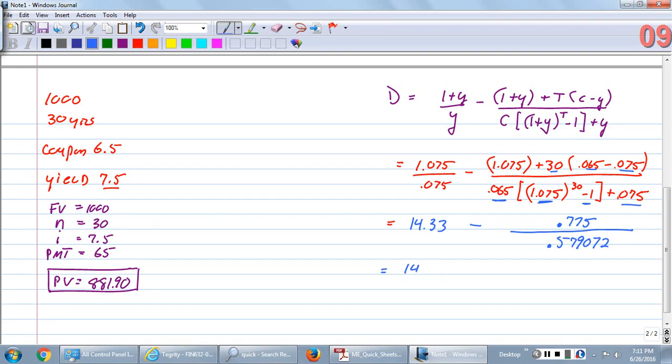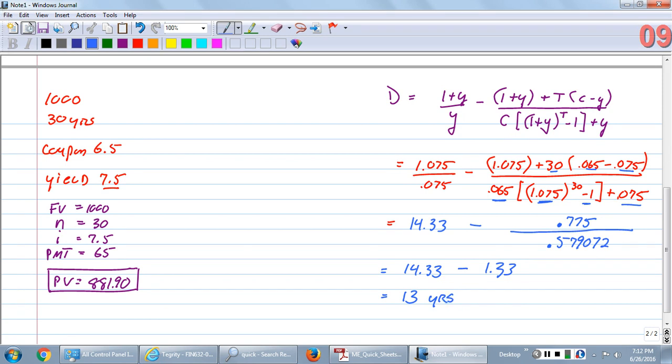This gives me 14.33 minus 1.33 approximately, which gives me a duration measure of 13, in fact 13 years. So the duration of this bond is 13 years.